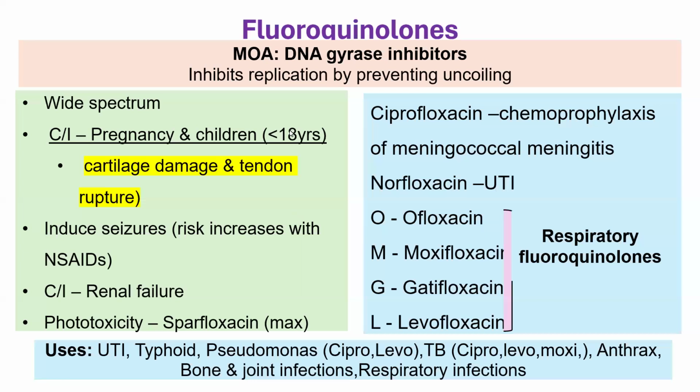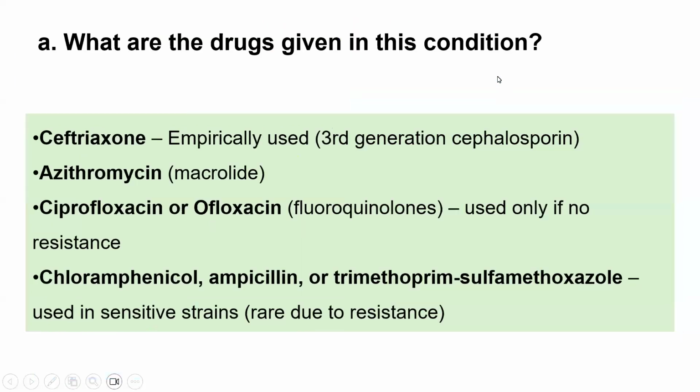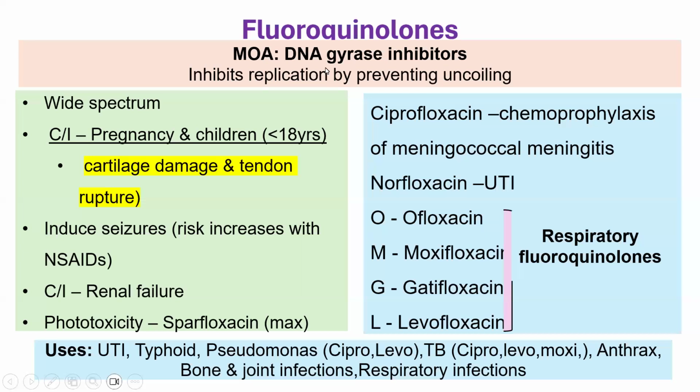So coming to discussion of fluoroquinolones. The main mechanism of action is that it acts by inhibiting replication by preventing uncoiling. By inhibiting which enzyme? DNA gyrase enzyme. So the mechanism of action is DNA gyrase inhibition, thereby inhibiting replication. The main important characteristic of fluoroquinolones is that they have wide spectrum action.